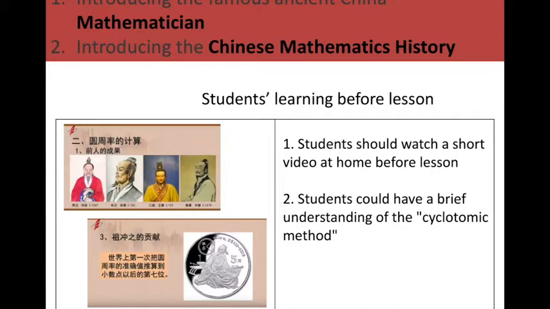The teacher will use the e-learning platform Microsoft Teams or Google Classroom. After watching the video, students should have a brief understanding of the cyclotomic method in ancient China.